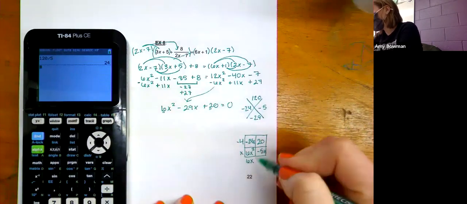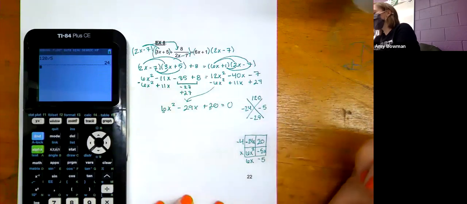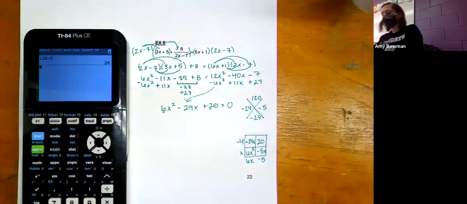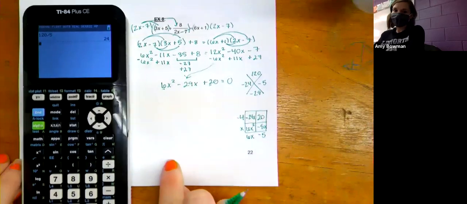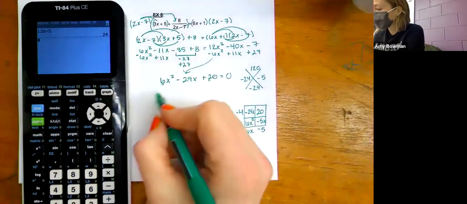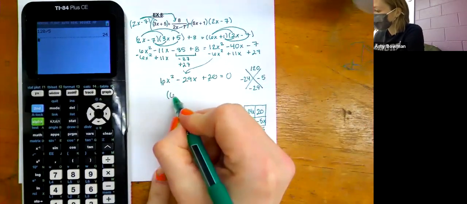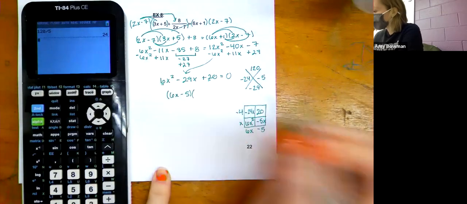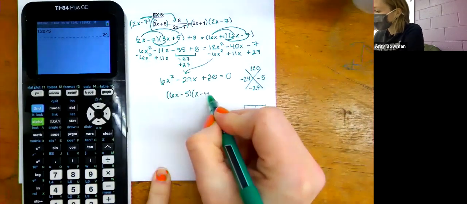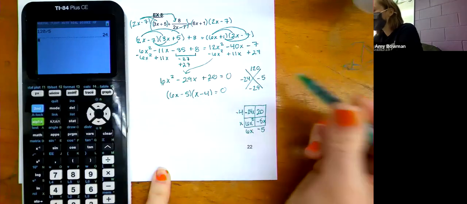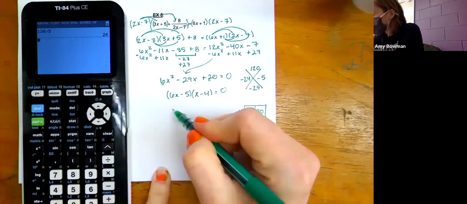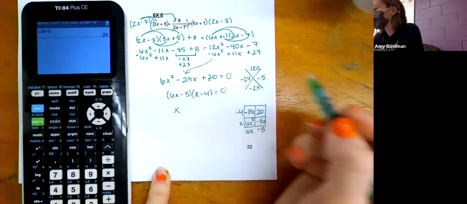And then we can fill in the rest of our box. Okay, so we've got our factor form here. It's 6x minus 5 times x minus 4. Okay, so I'm kind of going a little quickly through that because this is not new for you. So we get our two solutions.